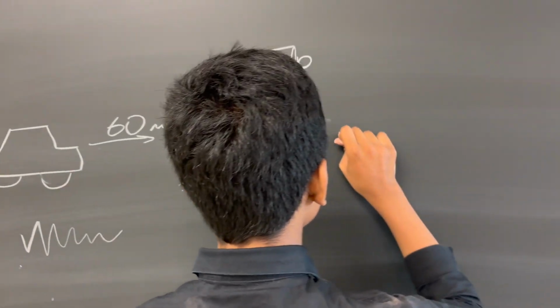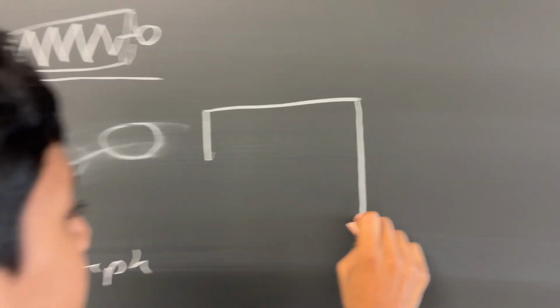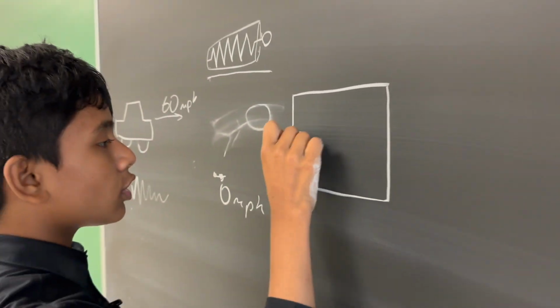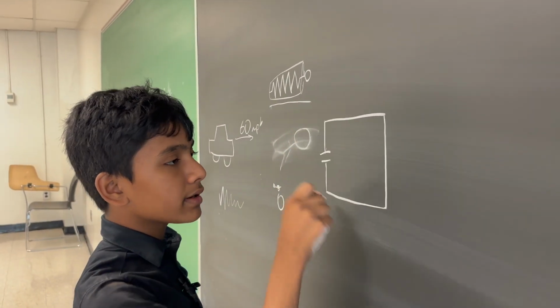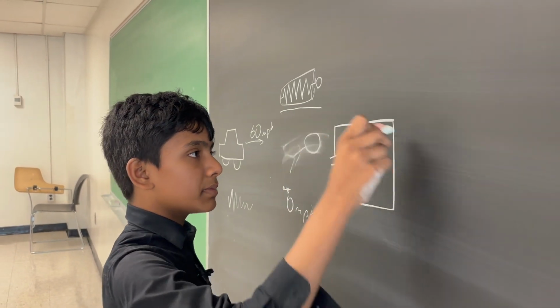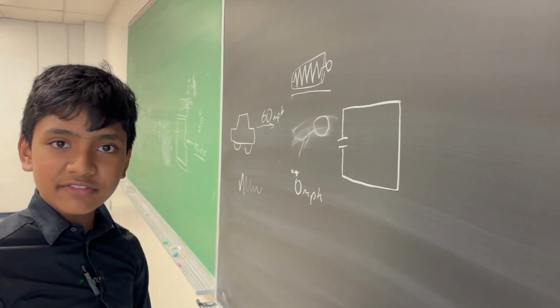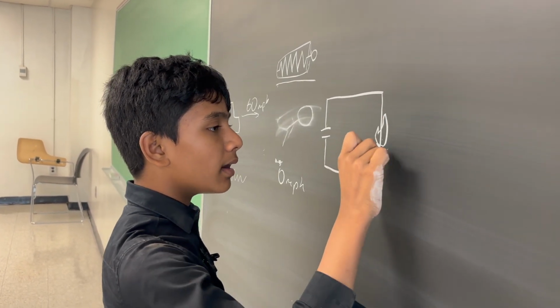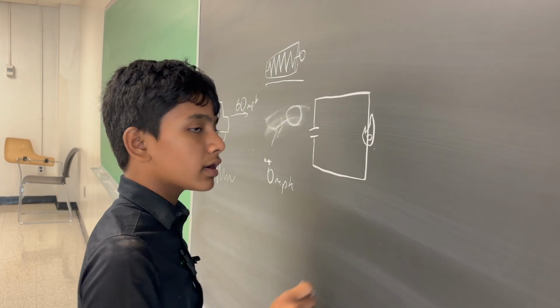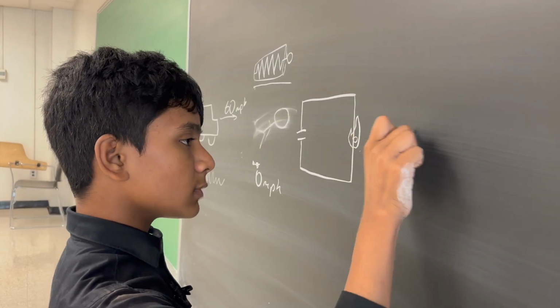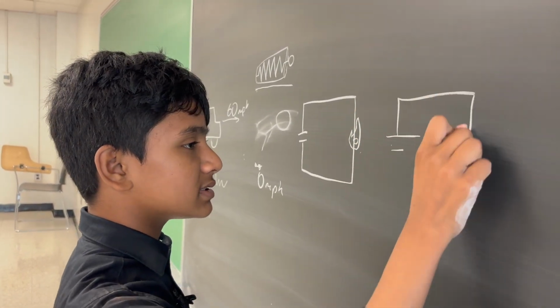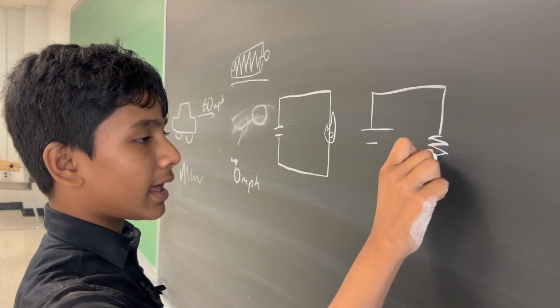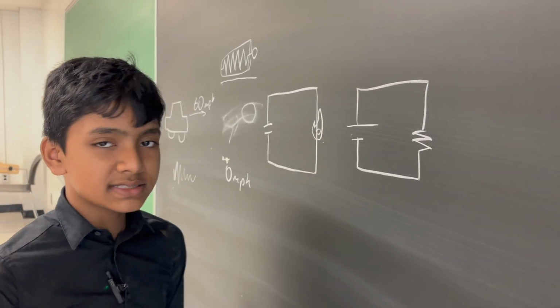And in the same way, we don't want our current just flowing with no resistance, because electrons flow extremely fast. So this thing is going to short circuit and start burning up, which is really not what we want. So we have to have a resistor in place to stop it from doing that. So that's a simple circuit.